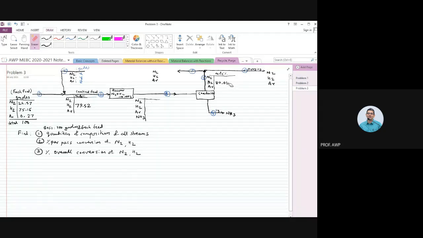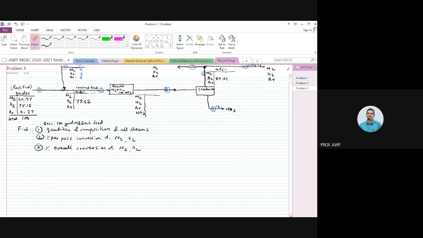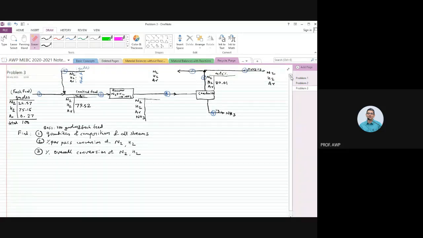In stream number 5, leaving the condenser, it is 80.01%. Is that okay? Yes, sir.